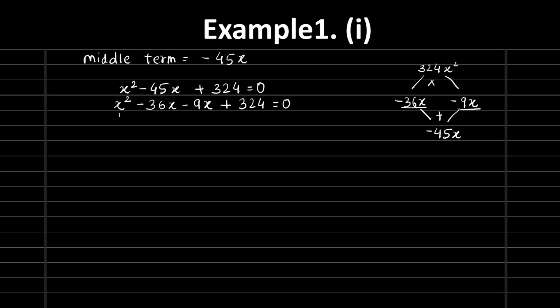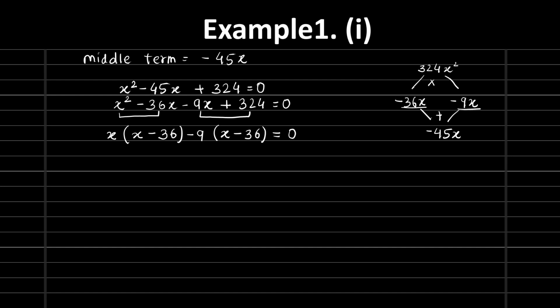Now look at the first two terms. Can we take anything common? Yes, X is common from both of them. So in the bracket we have X minus 36. Now look at the next two terms, minus 9X plus 324. Can we take anything common? Yes, we can take minus 9 common. So again in the bracket we get X minus 36.